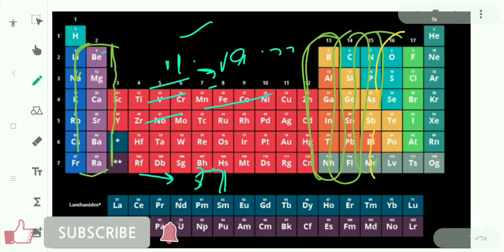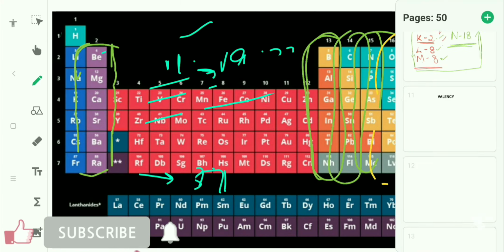Oxygen family, you will have 6. Halogens 7. And then what are these? Noble elements. These noble elements, you will have 8 electrons. That means it is a completely filled orbital.